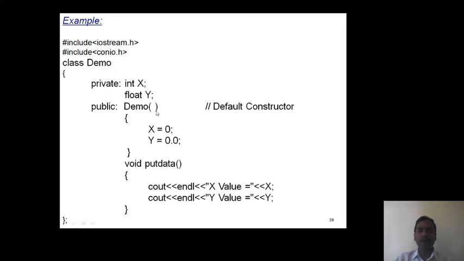And in demo, this member function has the same name as the class name and does not accept any arguments. Hence, it is a default constructor. Inside this constructor, we initialized the two data members with 0. Then void putData, inside which we print the x and y values.